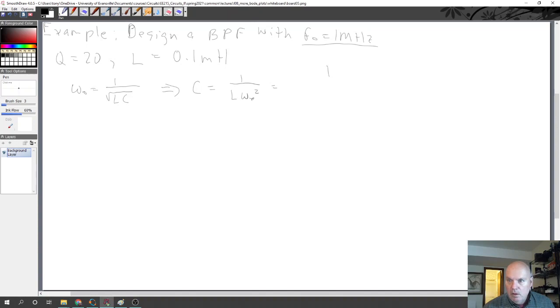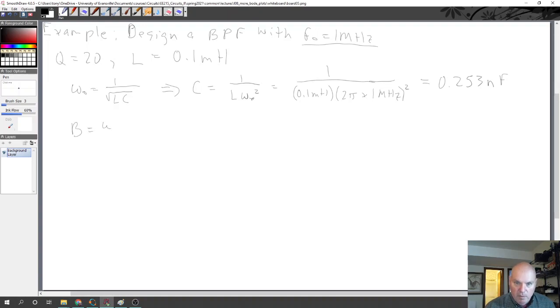I have 0.1 millihenry for my inductance, and then my resonant frequency would be 2 pi times 1 megahertz, and then that's squared. So the capacitance I need is 0.253 nanofarads.